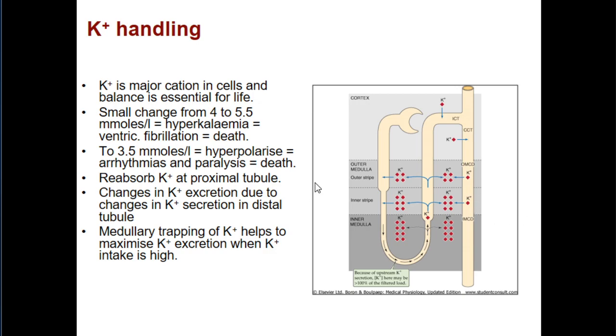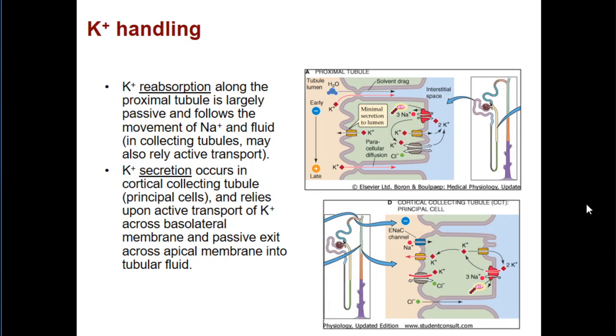What we have is reabsorption of potassium at the proximal convoluted tubule, and also excretion and potassium secretion in the distal tubule, which is mediated by the hormone aldosterone. So once again, reabsorption at the proximal tubule is mainly passive and follows the movement of sodium and fluids. Potassium secretion occurs in collecting tubule principal cells and relies upon the active transport of potassium.